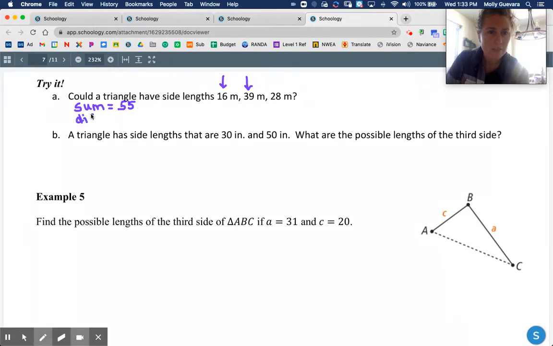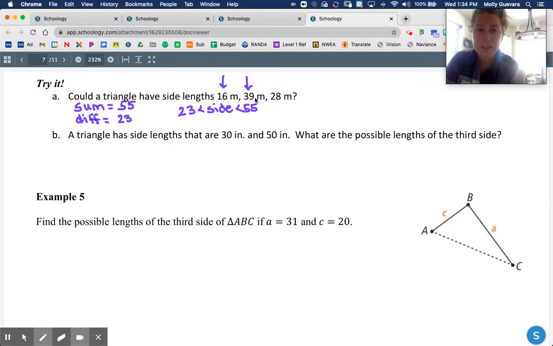And the difference of these, if I subtract them, is 23. So that tells me that my third side has to be between 23 and 55. Is my third side between 23 and 55? Yes, it's 28. 28 is bigger than 23, and it's smaller than 55.